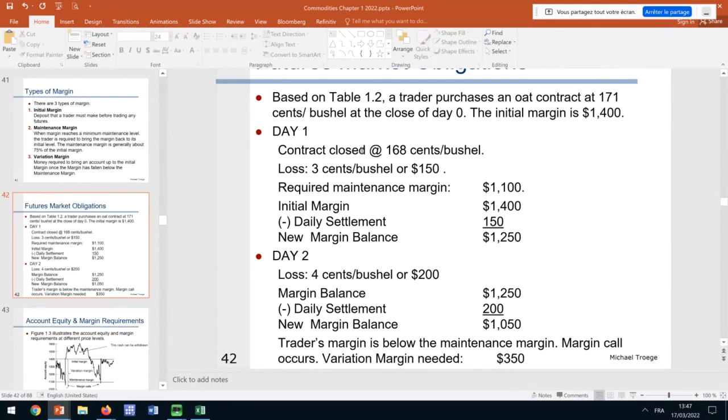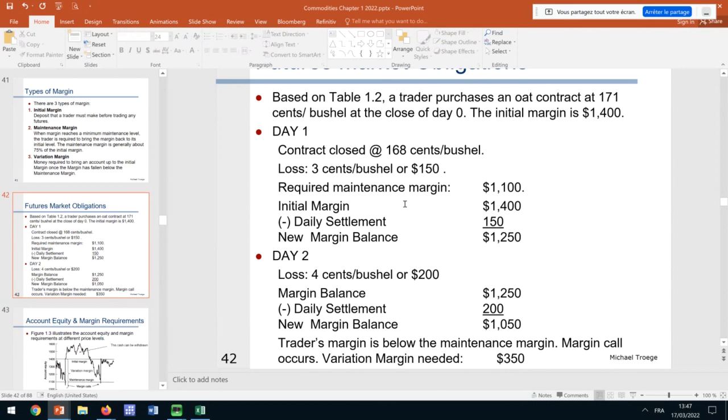Now the price decreases. At the end of day 2, the price has decreased from 171 to 168. So we have a 3-cent price decrease. We know that 1 cent is $50, so 3 cents is $150.